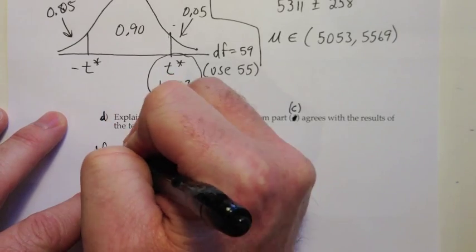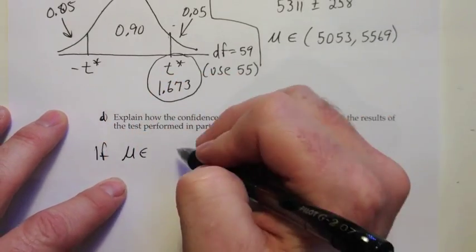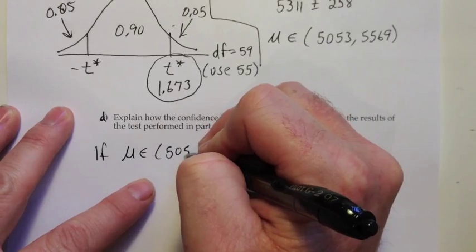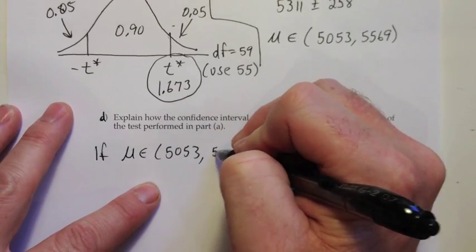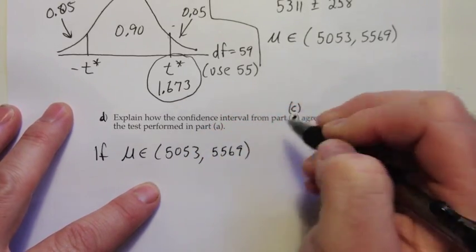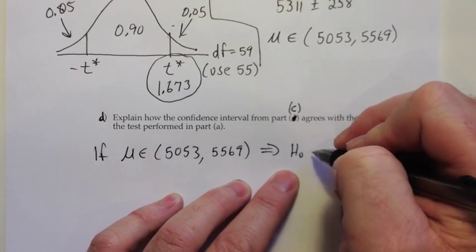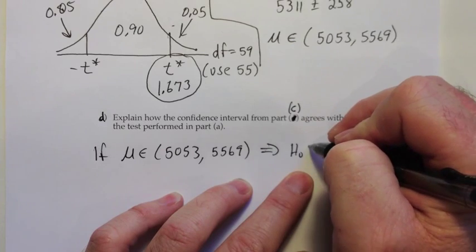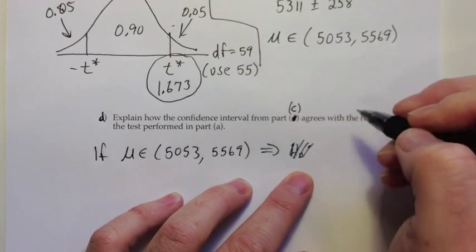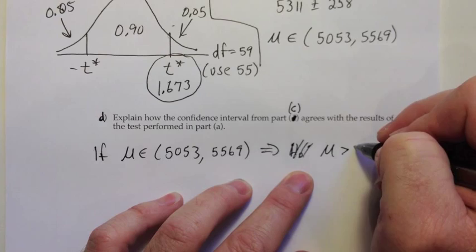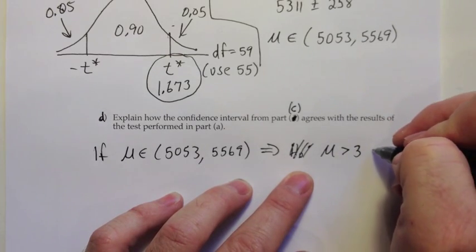I would say if mu is an element of that interval that we just computed, 5053 to 5569, then that implies that mu is greater than 3991.